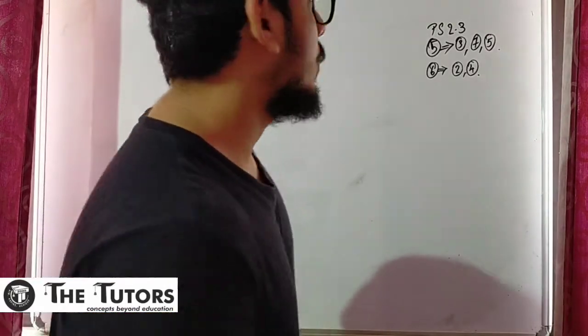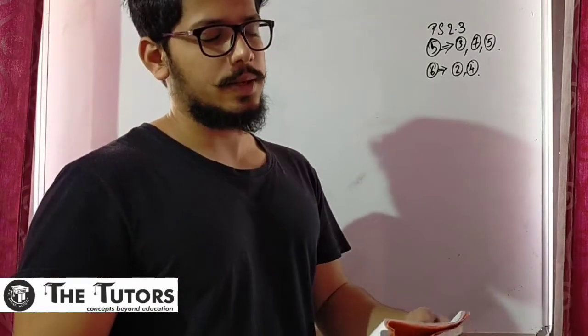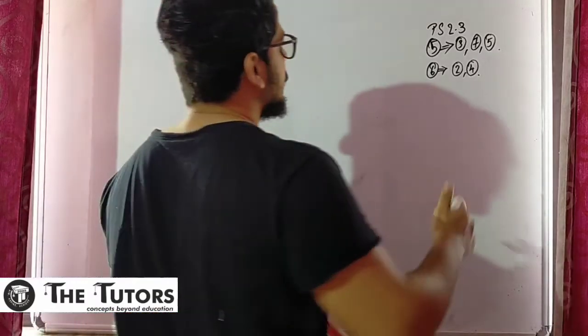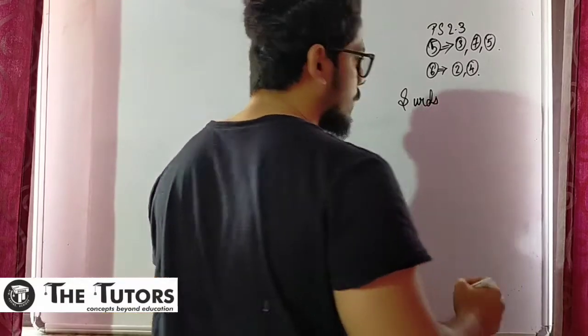Today we will be solving the second part of practice set 2.3 of the lesson Real Numbers of Standard 9. Practice set 2.3 is basically based on surds. What are surds?